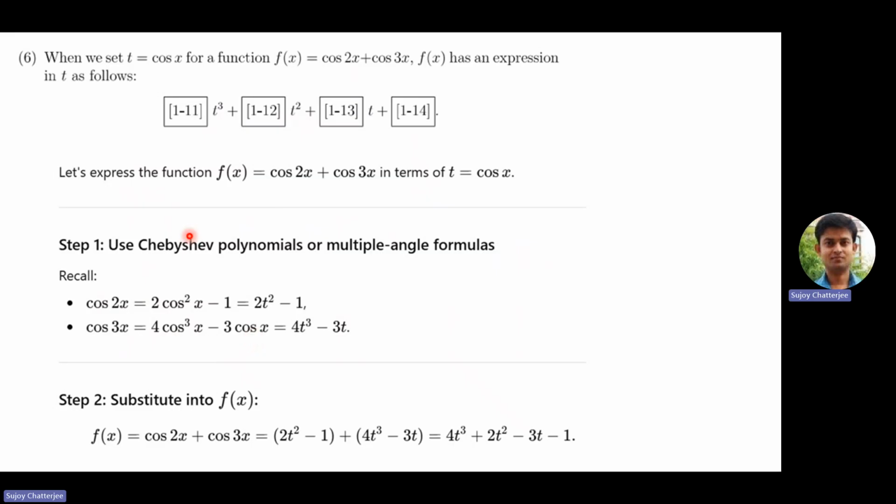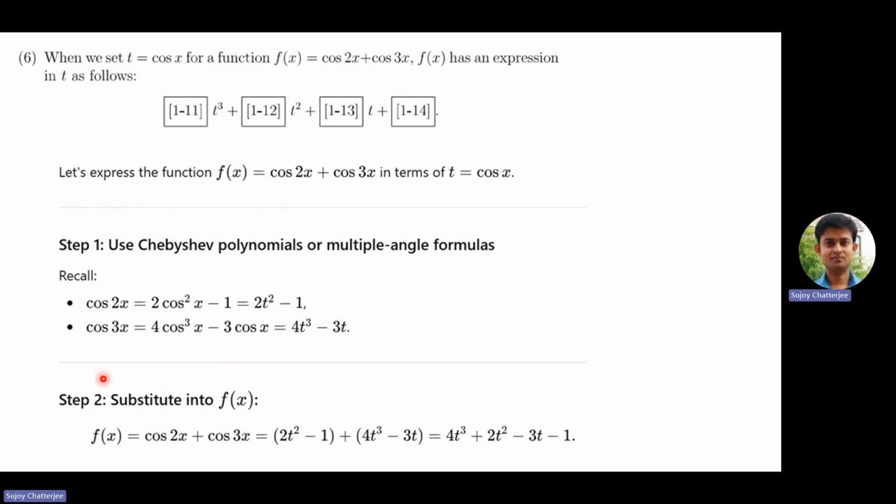So now in the question they have written that t is cos x. So if t is cos x, then cos 2x will be 2t square minus 1, and 4 cos cube x minus 3 cos x will be 4t cube minus 3t. So combining these relations, we can now substitute into f(x).